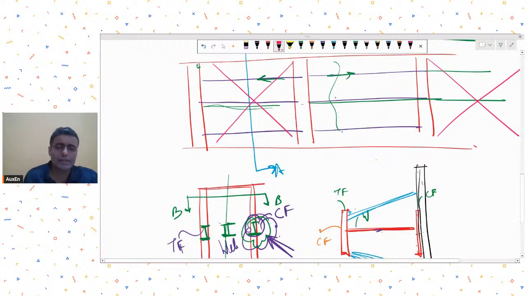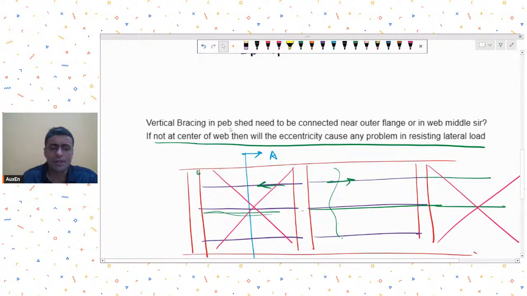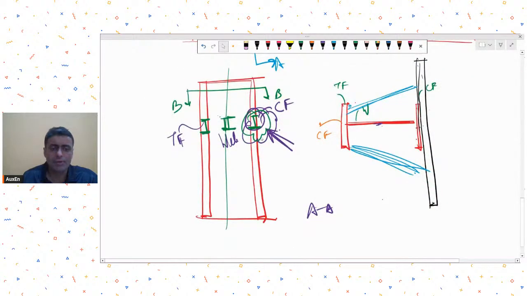That bracing-like system will take care of any plan torsion or any torsional effects that might come due to this eccentricity. Okay. So usually we don't think about this eccentricity. There are enough bracings that we do provide, which should take care of this. Okay. So this was what he was asking.